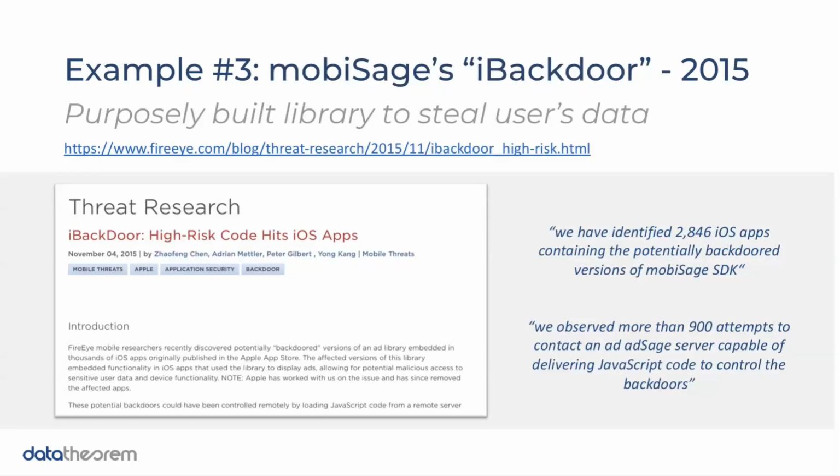This is a different case. This is a case in which a company providing an SDK for mobile advertising has intentionally embedded code that could allow a remotely controlled backdoor, compromising the user's privacy or even exposing sensitive data. So the SDK would be periodically asking a server for JavaScript commands that would trigger these backdoors, allowing for a wide range of abilities, like retrieving data from the app's container, capturing audio, capturing screenshots, and so on.